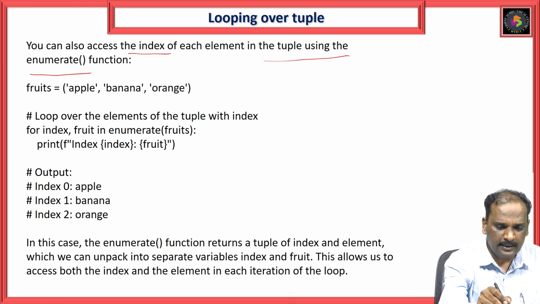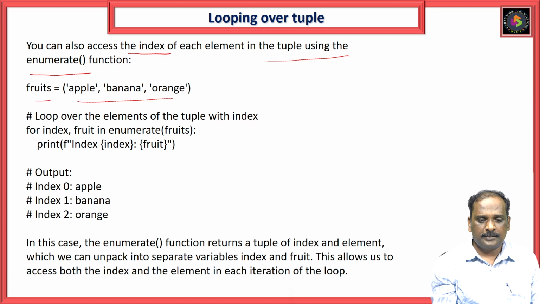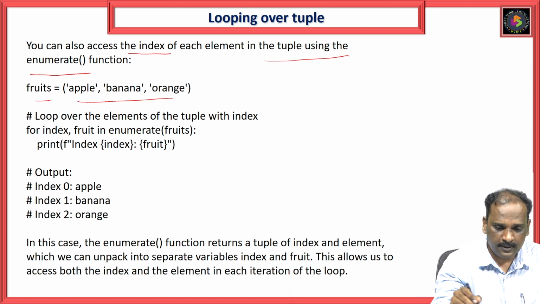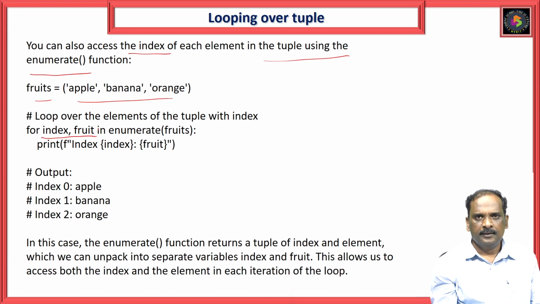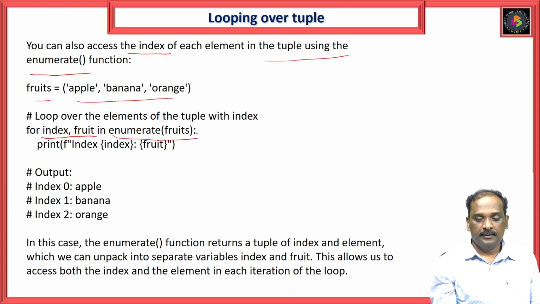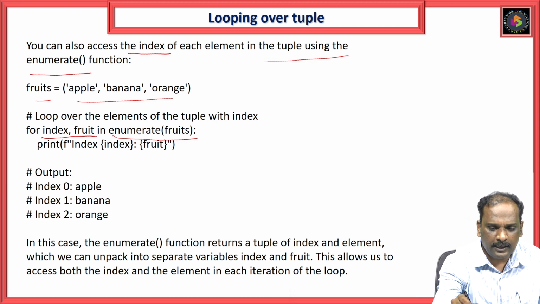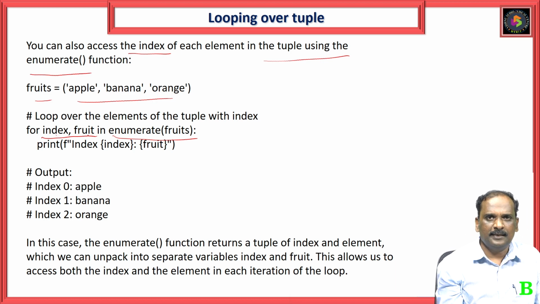Here the example is again fruits containing three elements: apple, banana and orange. Now I am looping over the tuple fruits. Here, index comma fruit. How many variables am I taking? I am taking index and fruit, in enumerate of fruits. When we use the enumerate function, we get two values: one is the index, another is the fruit name.